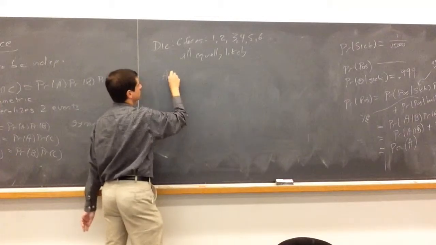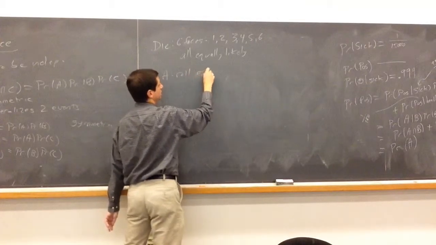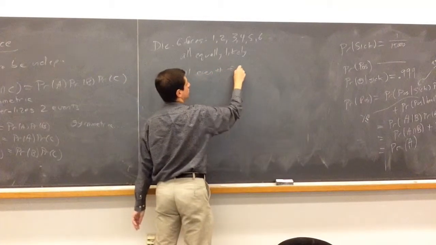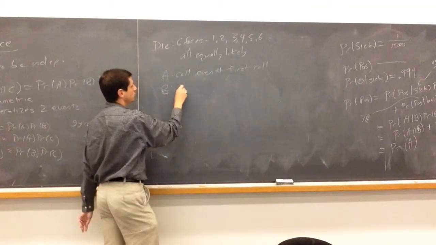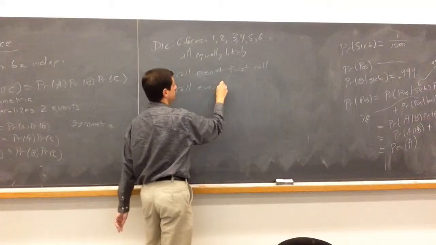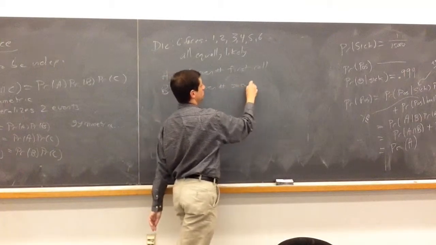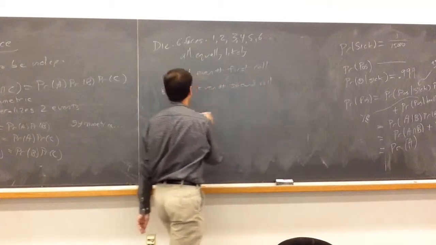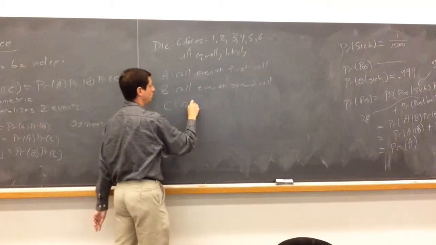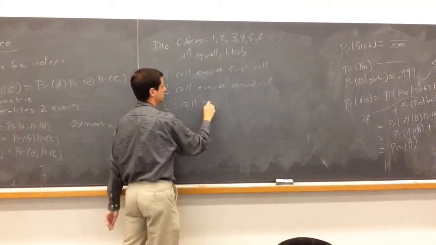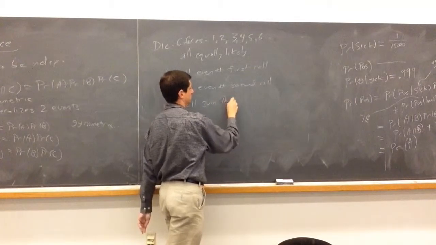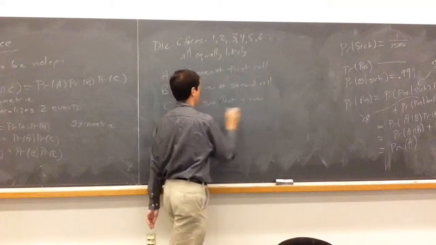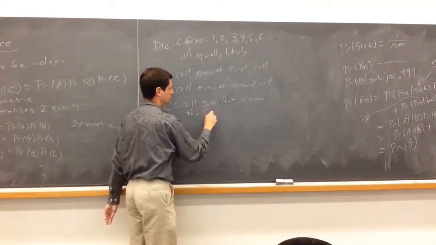So A is you roll an even number on the first roll. B, you roll an even number on the second roll. And C will be you roll a sum that is even for the 2 rolls.